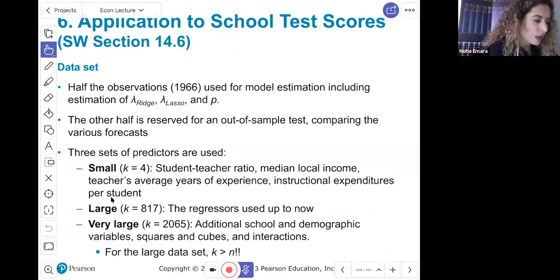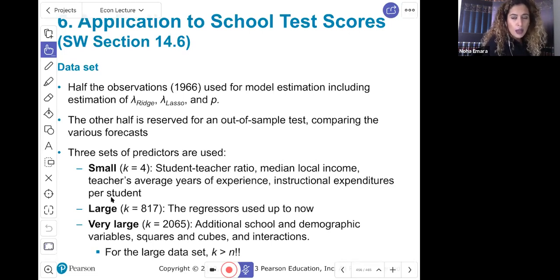The last part of this topic is just an application. Again, we're using the school test scores, and we have different sets of predictors. We have a small set, which has just 4 X's. We have a large set with the 817 that I just showed you, with quadratic, cubic, interaction, and mean variables, all summing up to 817.